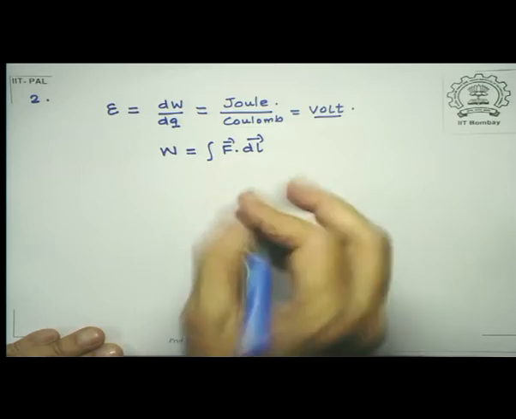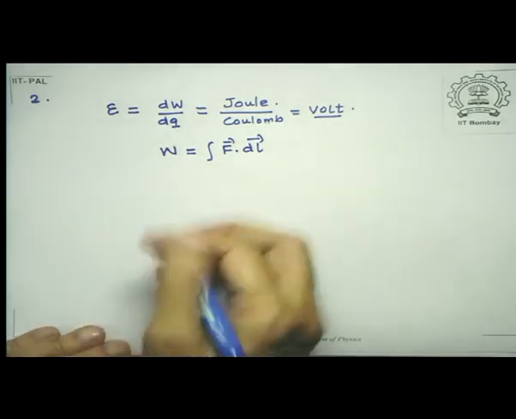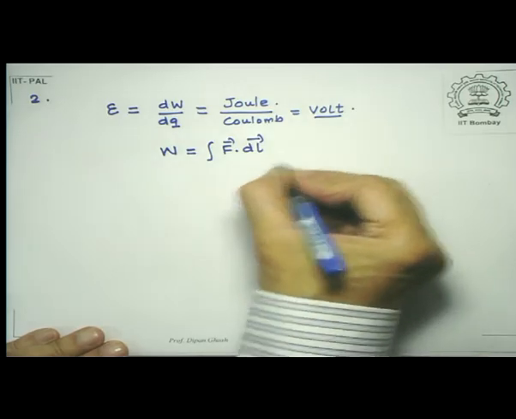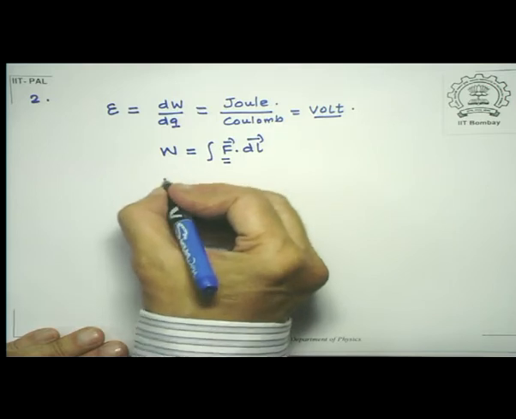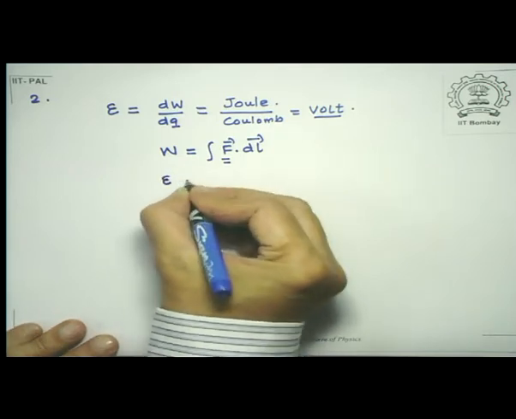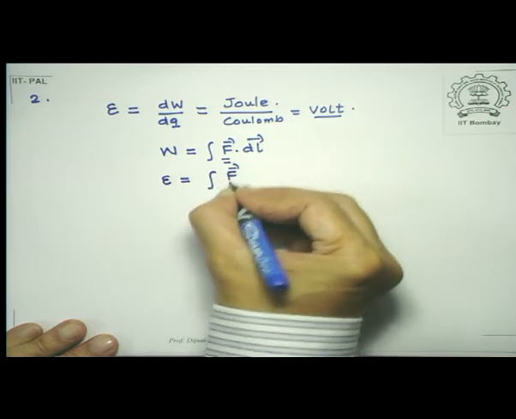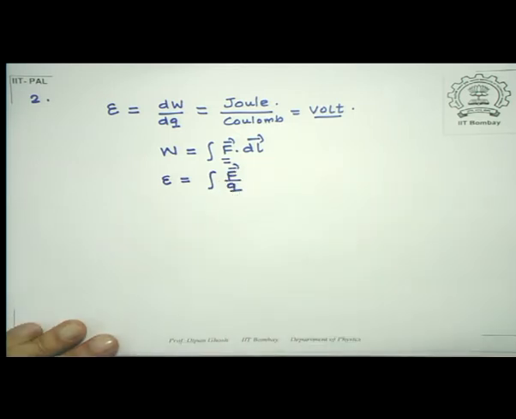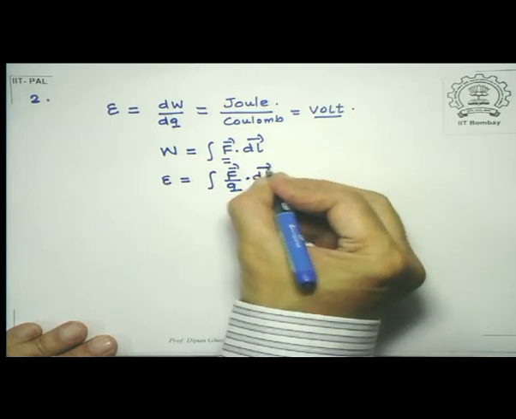And remember that my electric field E, so this is my force, and so therefore I can write my EMF as equal to the integral of F by Q, because we said that it is per unit charge, dotted with dl. That's the definition of this thing.